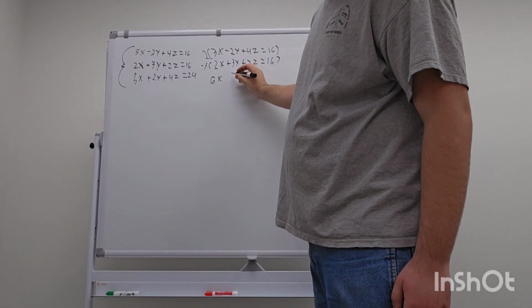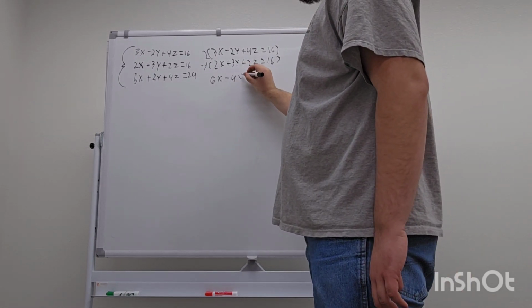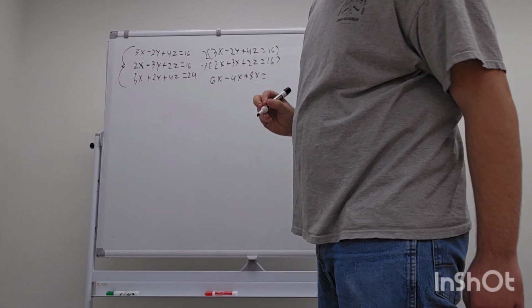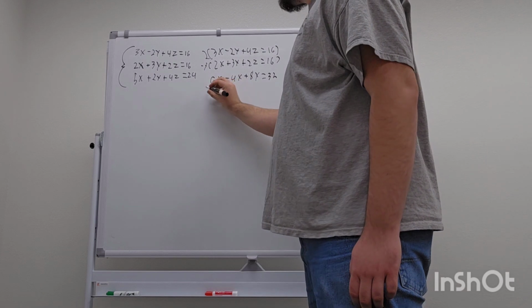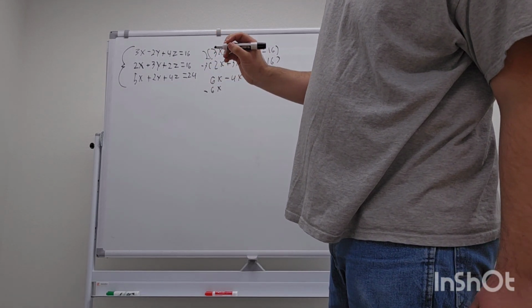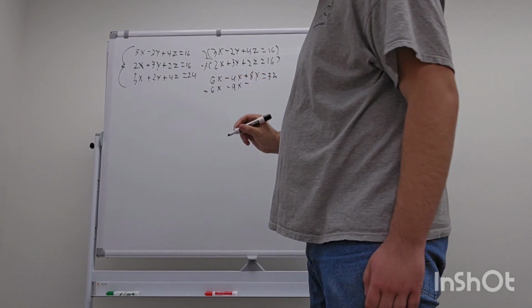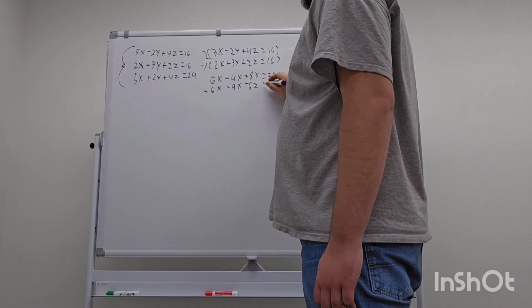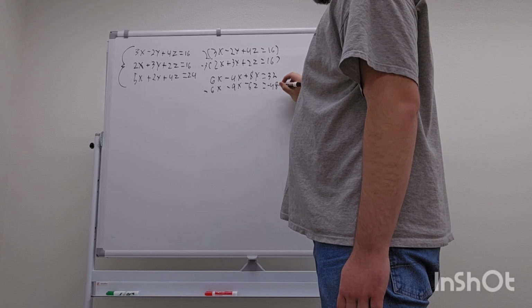6x, I apologize, 6x minus 4x plus 8y equals 32, over -6x minus 9x minus 6z equals -48.